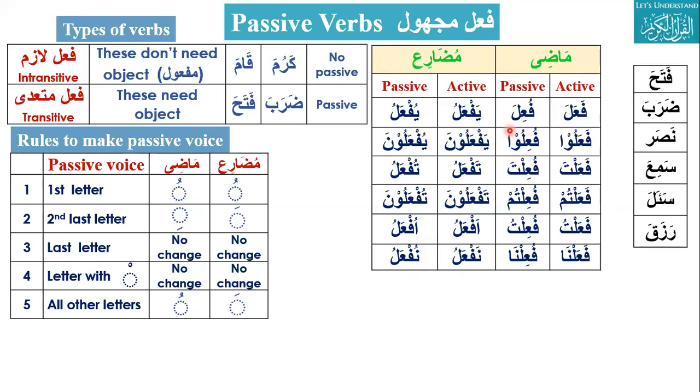So Nusira means he was helped. Nasara means he helped. Nusira, he was helped. The person who helped him, we don't know who helped. So the doer is unknown. That's why it is passive voice.